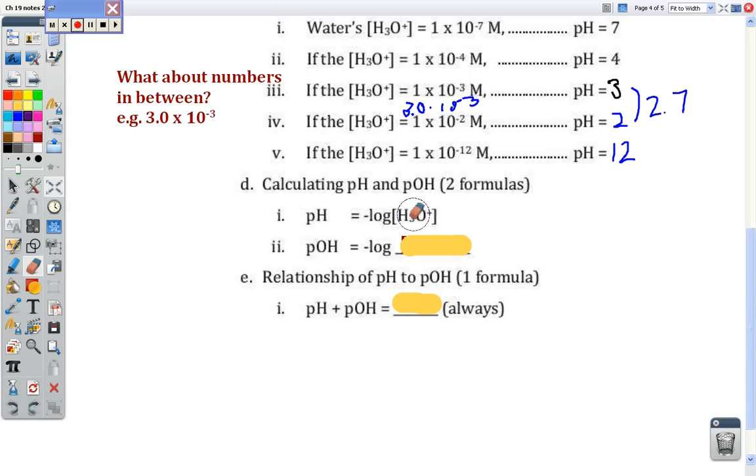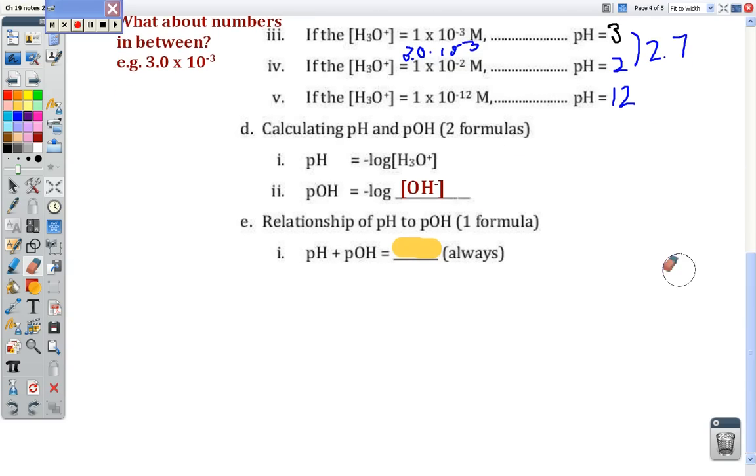They would give you 1 times 10 to the something, so the pH will come out even. Or maybe the difference between 3 times 10 to the negative third and 3 times 10 to the negative second, which would be a tenfold increase, so it would just be an increase of 1. The pOH is the same way, except it's for hydroxide instead of hydronium.